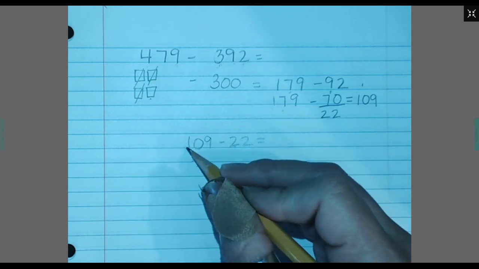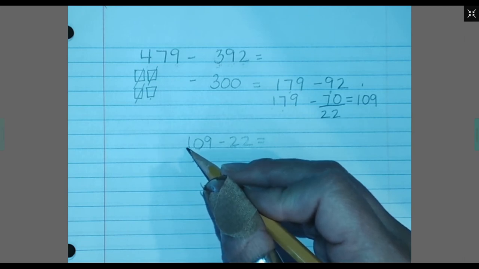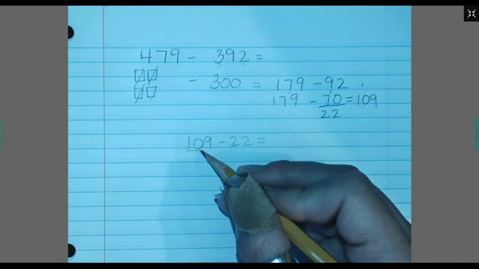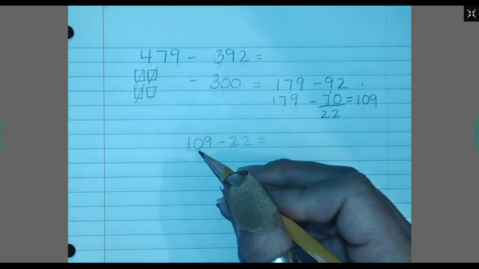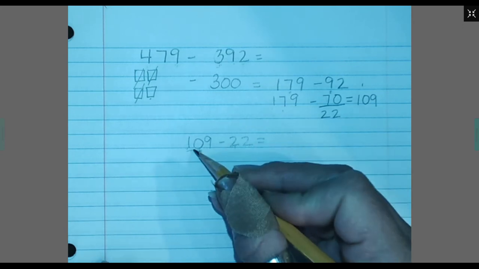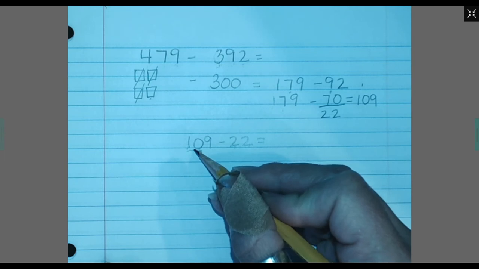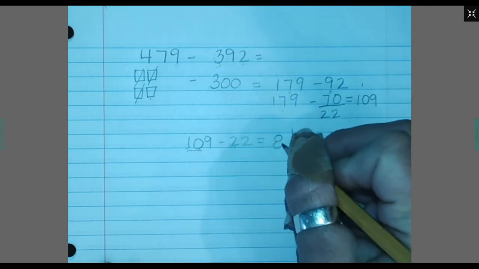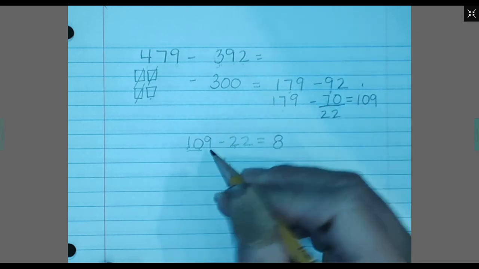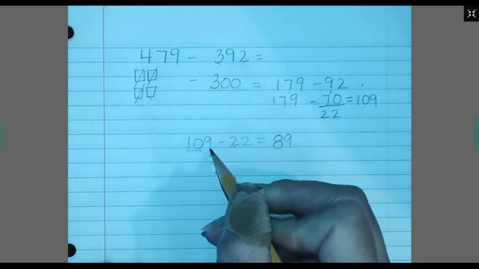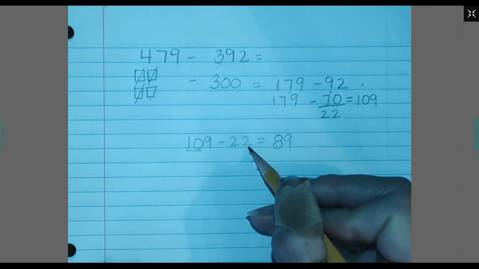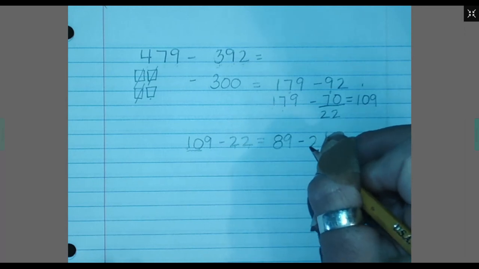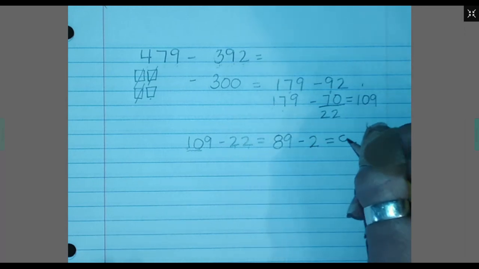Well, if I look at the 1 in the hundreds place, I know that 100 is the same thing as 10 tens. So I can look at that as I have 10 tens. So to take 2 tens away from 10 tens, I end up with 8 tens. I still had that 9, but now I have to take away those 2 more ones.